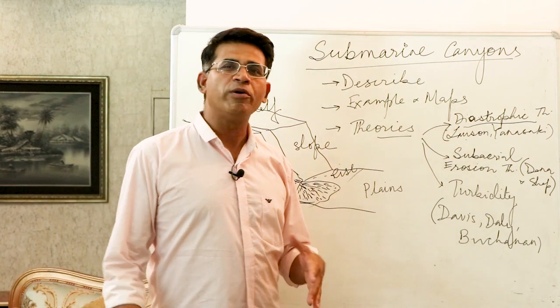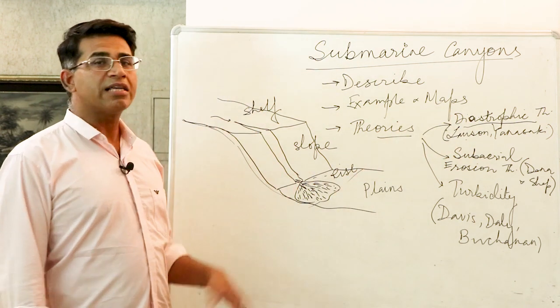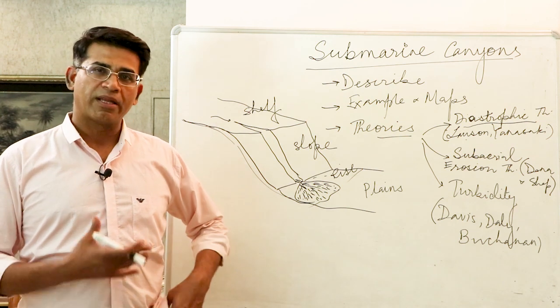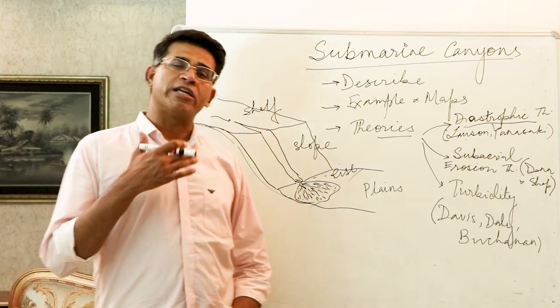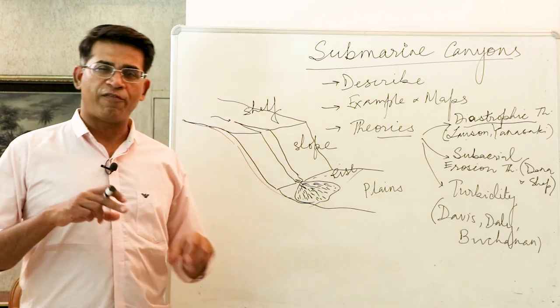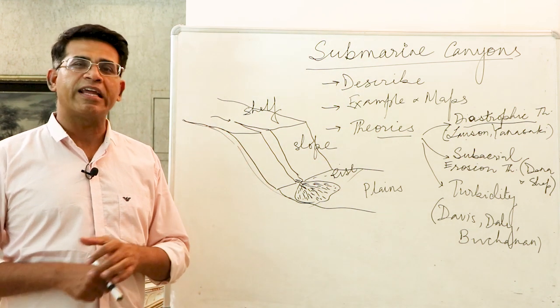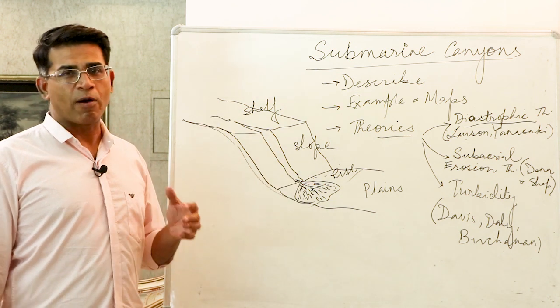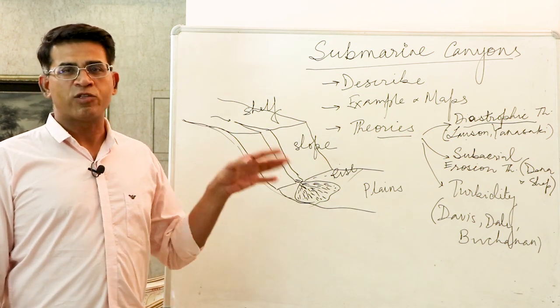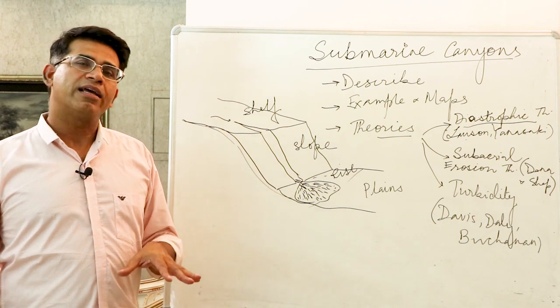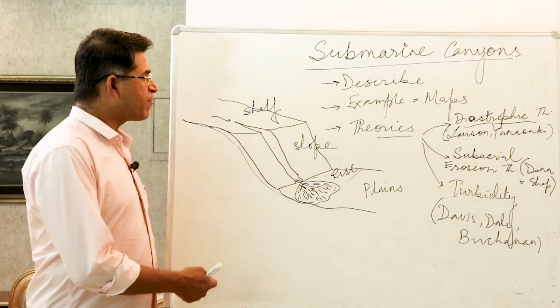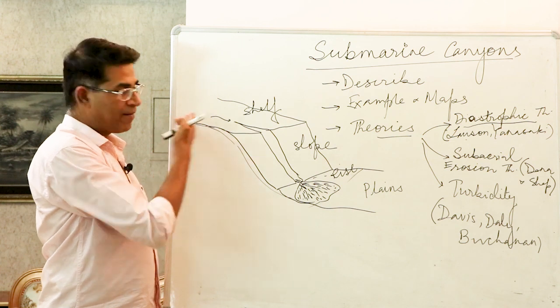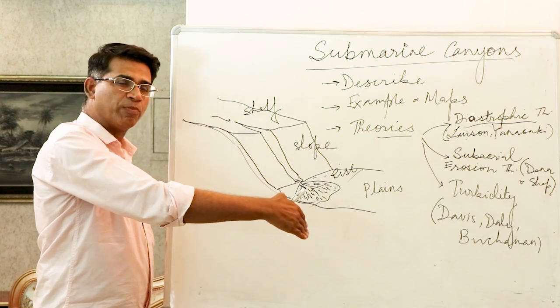The diastrophic theory is about the canyons being tectonic in origin, the consequence of some endogenic processes of bending, rifting. So they are something like rift valleys. But the problem with this is that if this was a rift valley, common sense tells us the rifting should have been lateral, not along the slope.